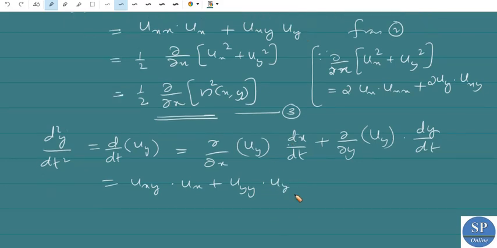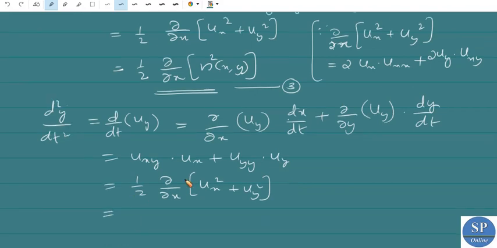So this can be written as in the previous case. We can write this as 1/2 into ∂/∂x of (ux² + uy²). We can verify this by using this. ∂/∂y of this is equal to 2 into and so on. So this is equal to this.